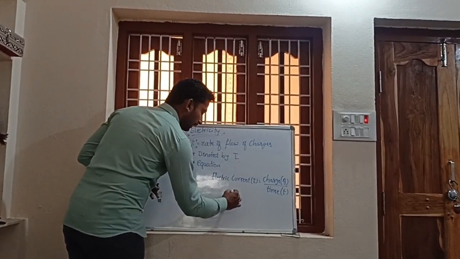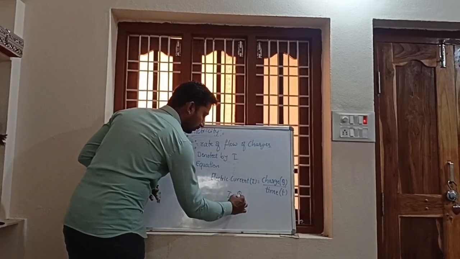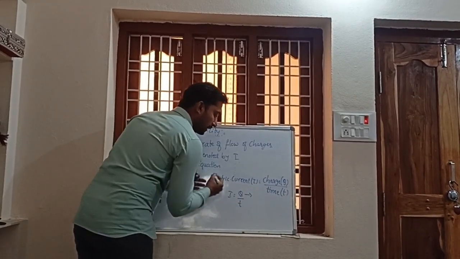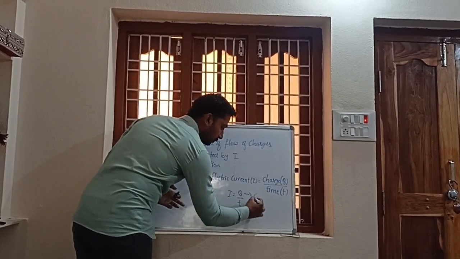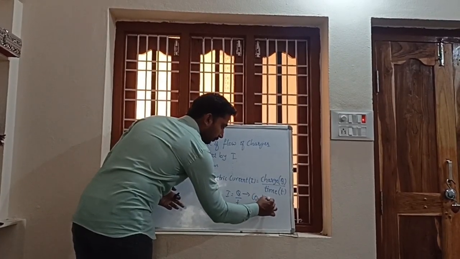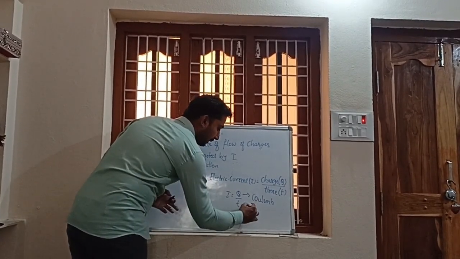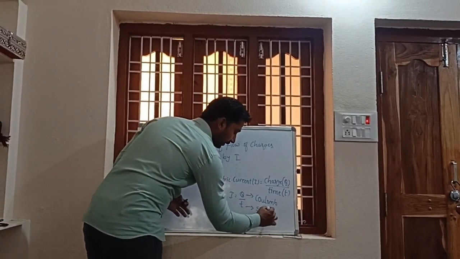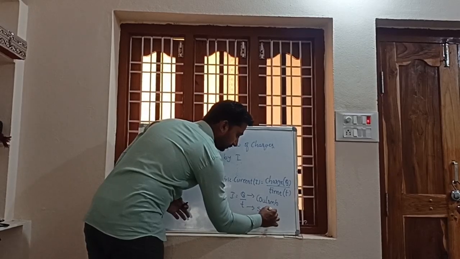So I equals Q by t, where Q is charge and charge is measured in coulombs. The SI unit of charge is coulomb. Time is measured in seconds. You know already, the SI unit of time is seconds.